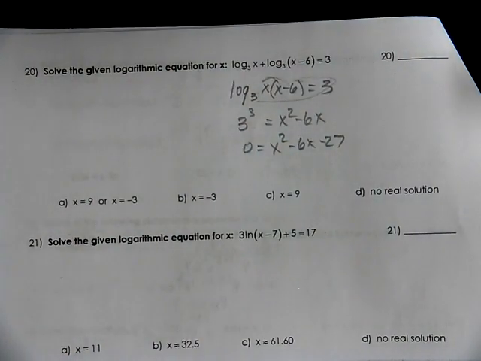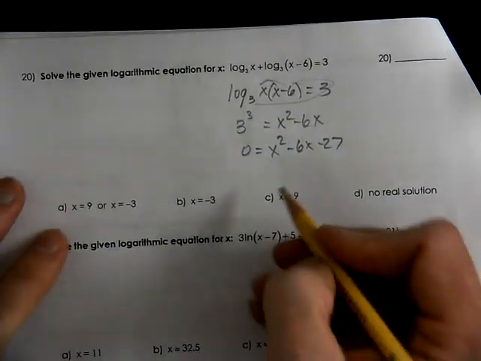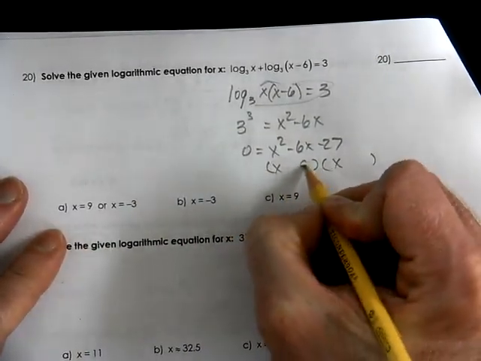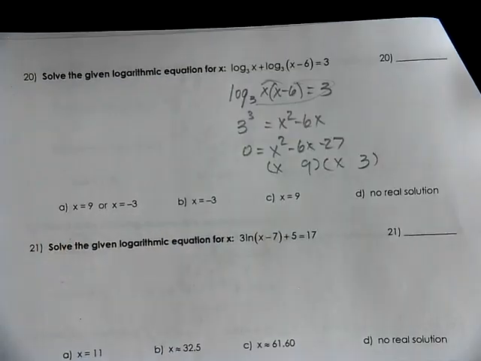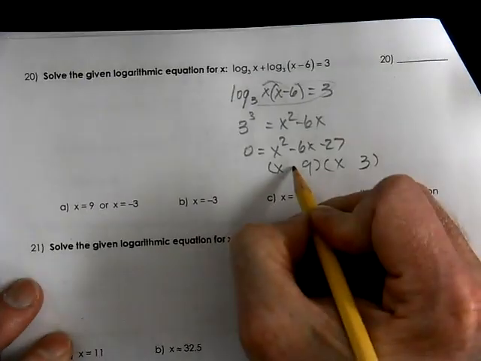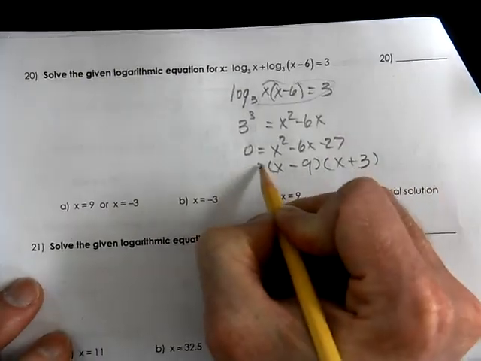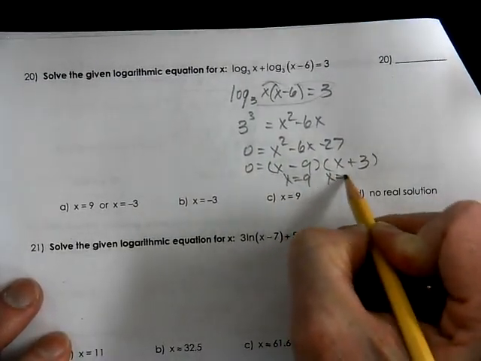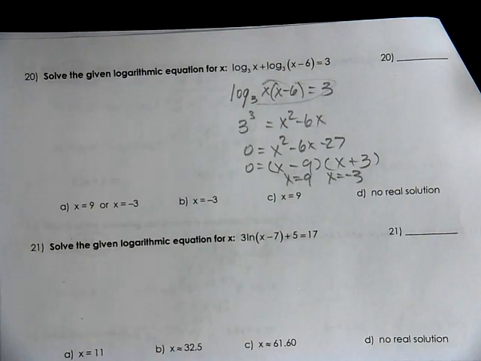Three to the third power is 27, not 9. Then you have to factor apart what multiplies to be 27 and adds to be 6. One's got to be positive, one's got to be negative. So x equals 9, x equals negative 3.